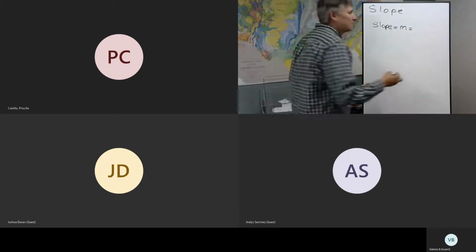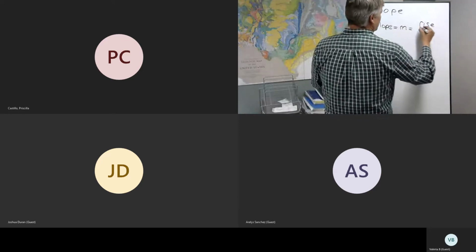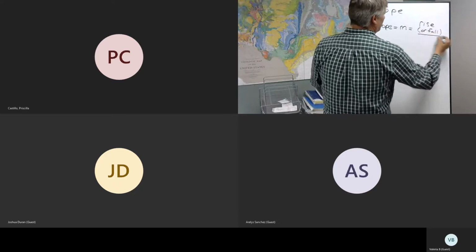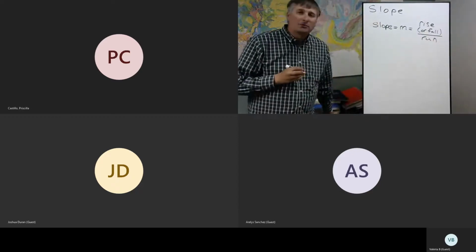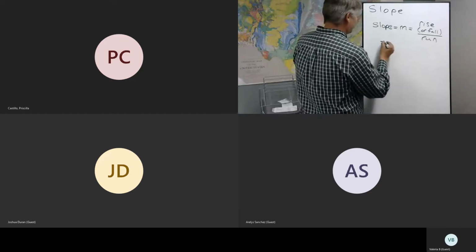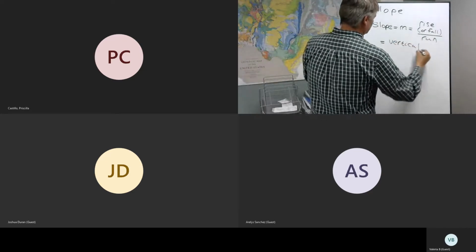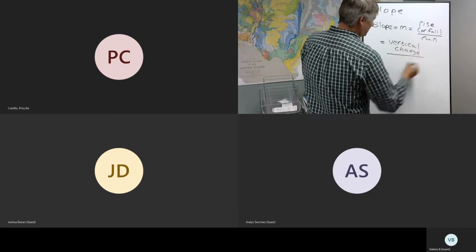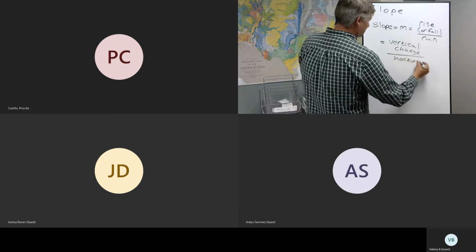And you've seen this written oftentimes as rise or fall over run. Or put another way, vertical change over horizontal change.